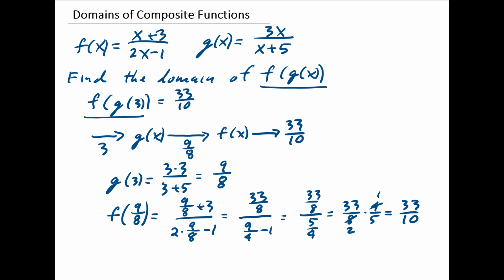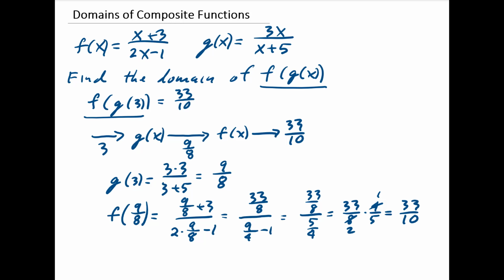And we're thinking of this as an assembly line. These functions g and f are just machines on this assembly line. The 3 goes into the function g, and out comes 9/8, which goes into the function f, and out comes 33/10.